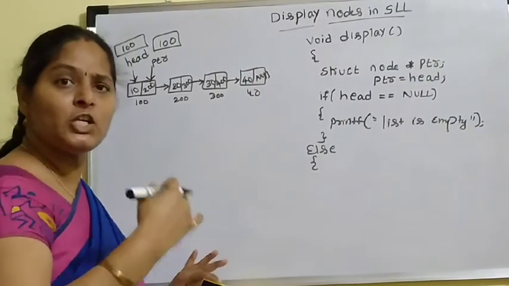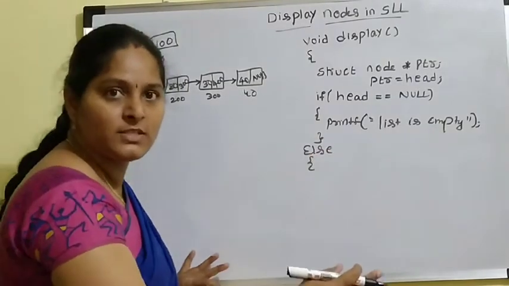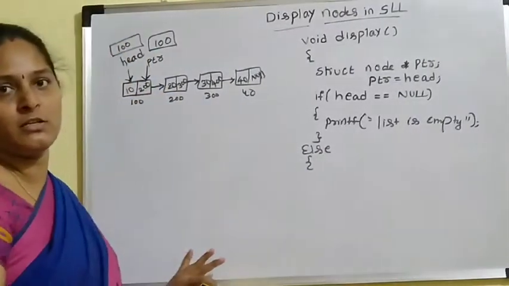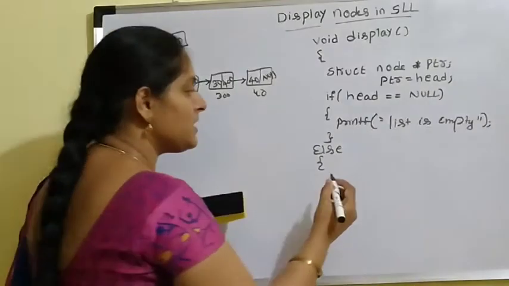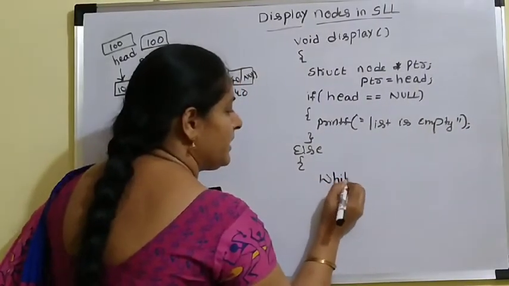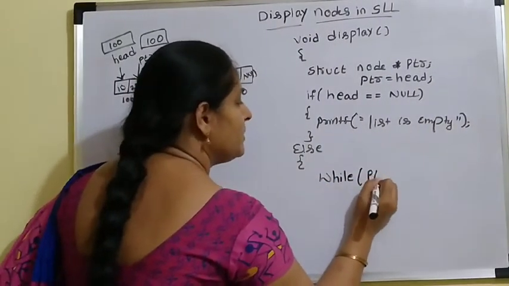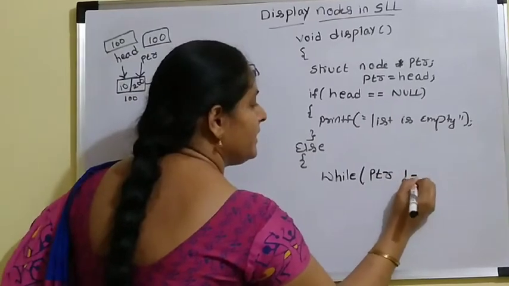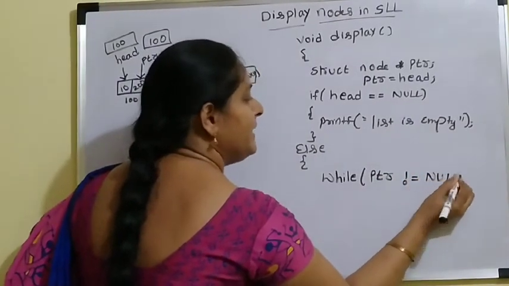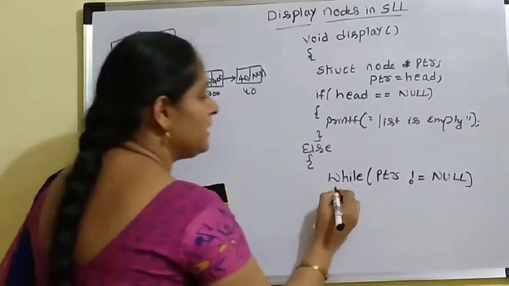Same logic. Whatever logic we have used for finding the length of the single linked list, the same logic we are using here also. See that logic? Here write the condition while PTR not equal to null. If PTR value is not equal to null, then what to do?